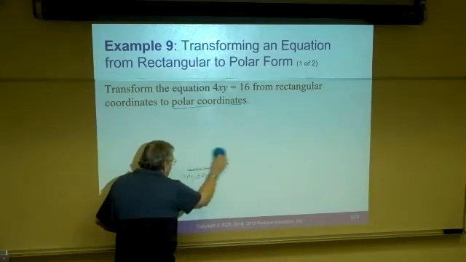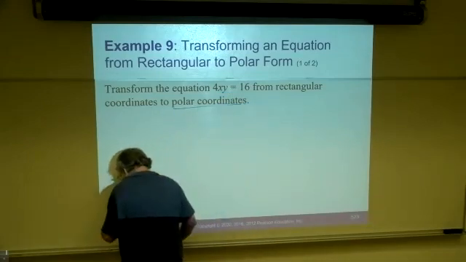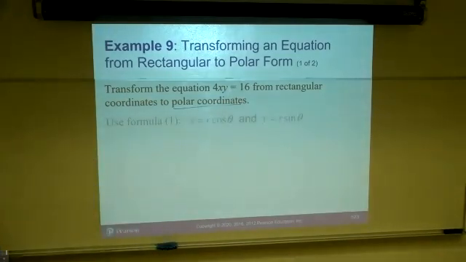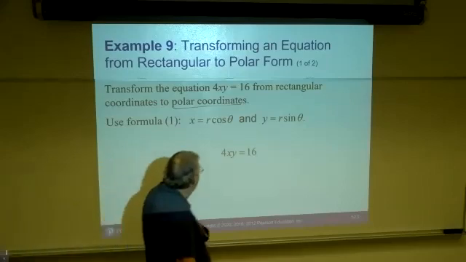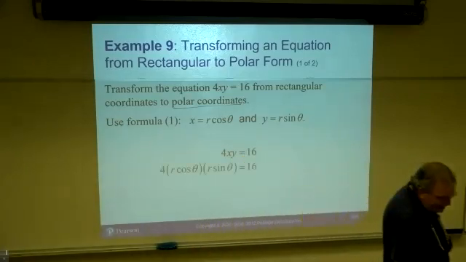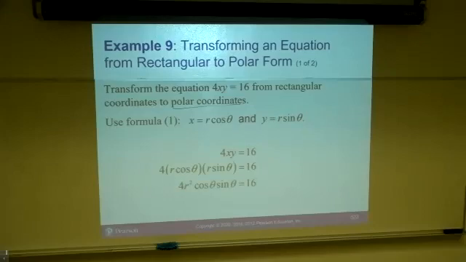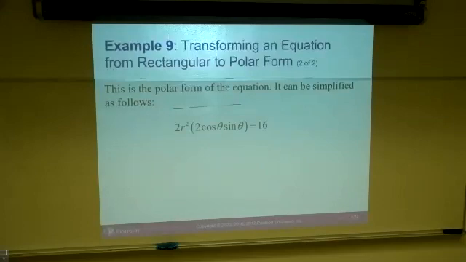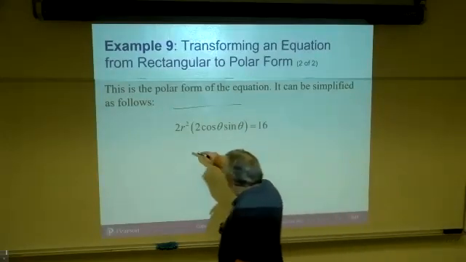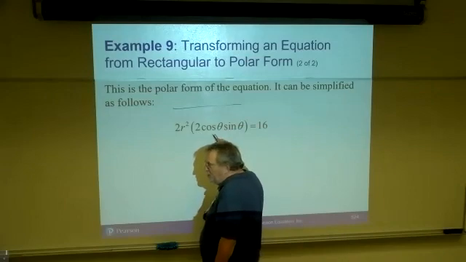And they do it without explanation. That's why I like to go over it first. So they're going to replace the x with r cosine theta and the y with r sine theta, and they get the same thing we did at the beginning. Then they rewrote this as 4r squared cosine theta sine theta, and then rewrote that. They didn't explain why they wrote it this way.